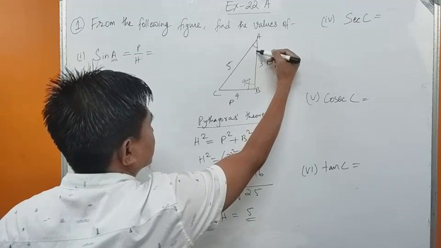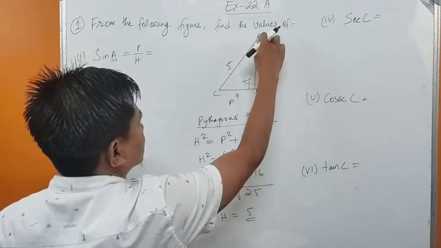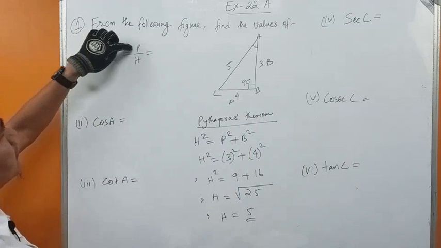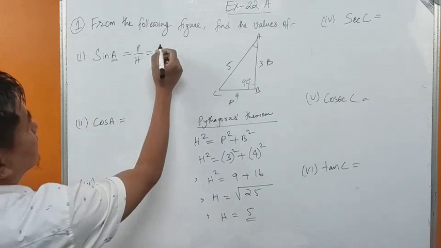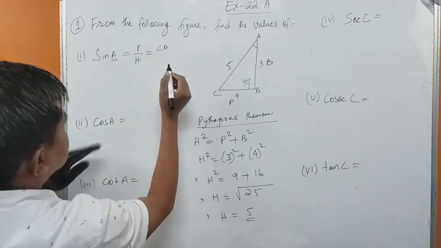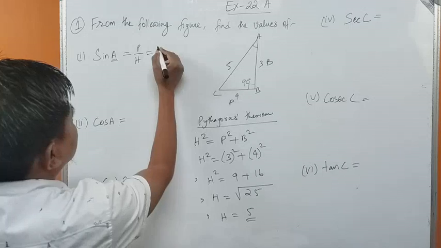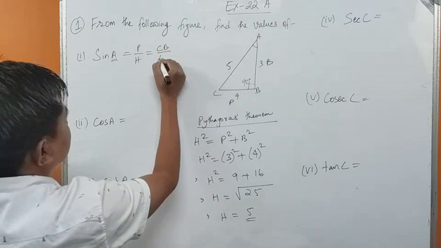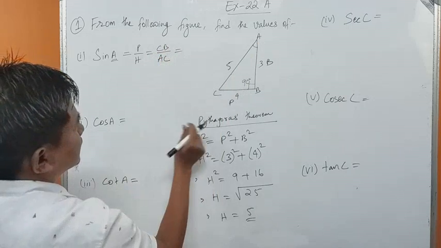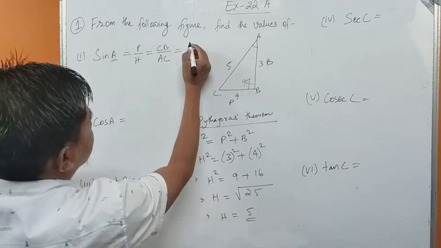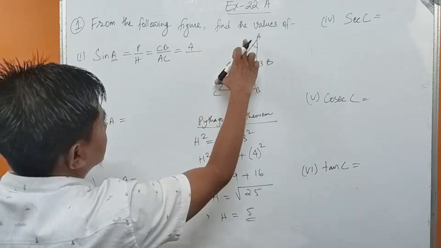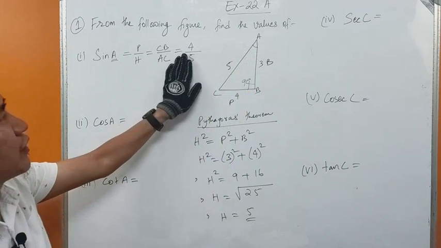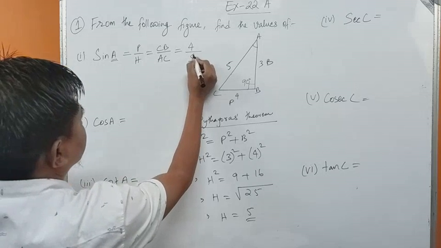So AB is base, CB is perpendicular. Perpendicular upon hypotenuse means CB upon AC. CB is 4 and AC is 5. So the answer for the first question is 4 upon 5. Very easy, isn't it?